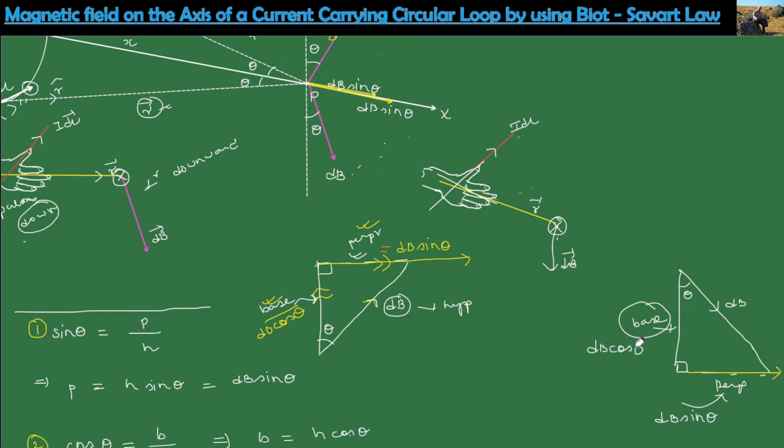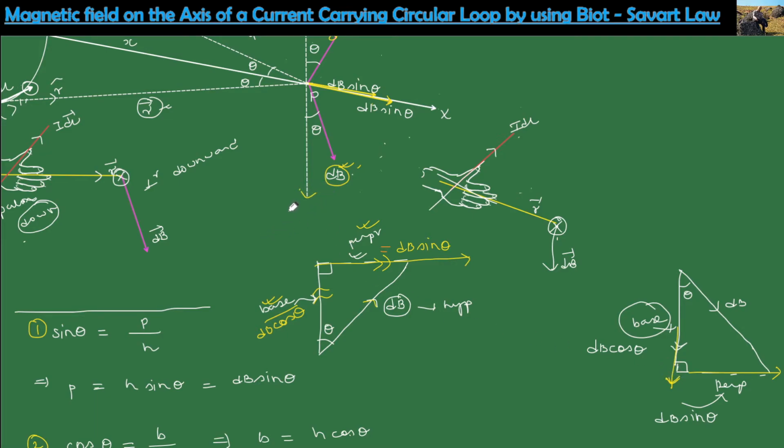Since this dB cos of theta is acting on this direction, the component of dB along the vertical direction is dB sine theta acting on this direction, and the horizontal component of dB due to the lower element, dB cos, is acting on this direction.